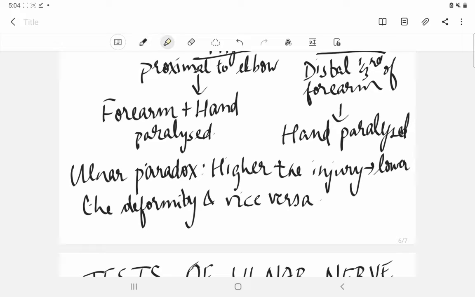This is something you have to commit to memory. If someone asks you what an ulnar paradox is, this is what you need to remember. Higher the injury, lower the deformity, and vice versa. That means lower the injury, higher the deformity.